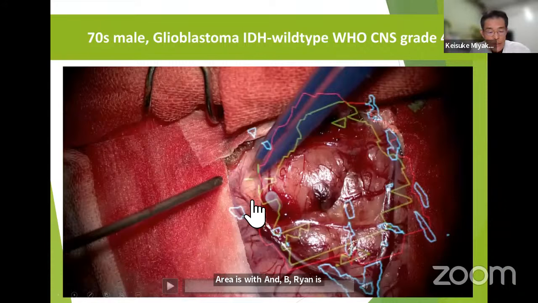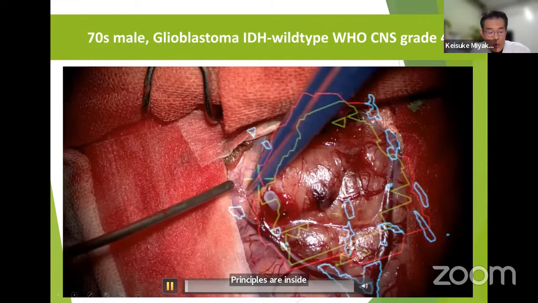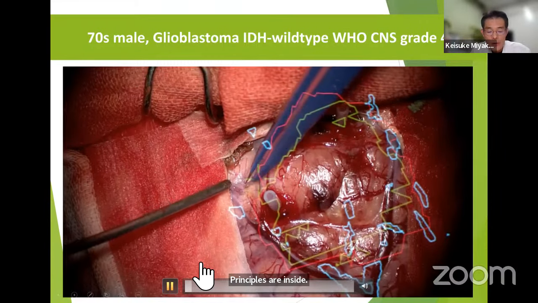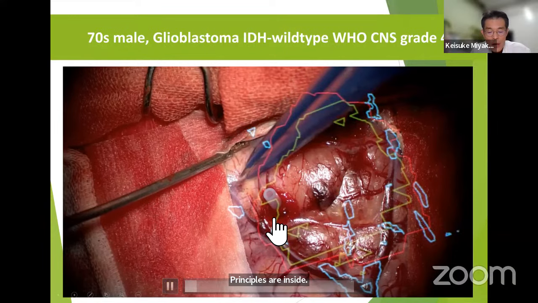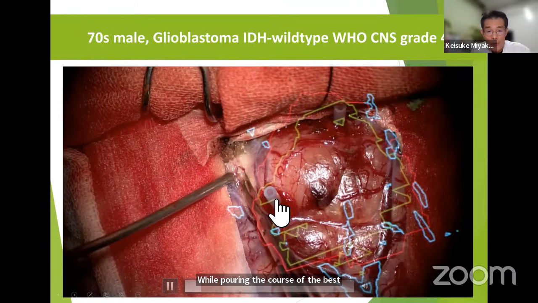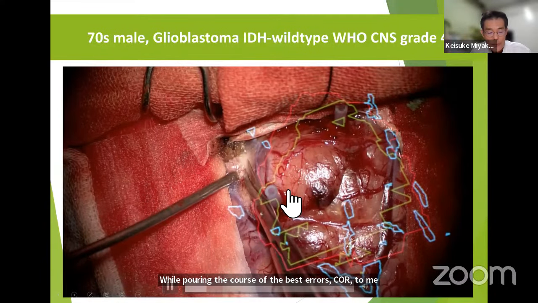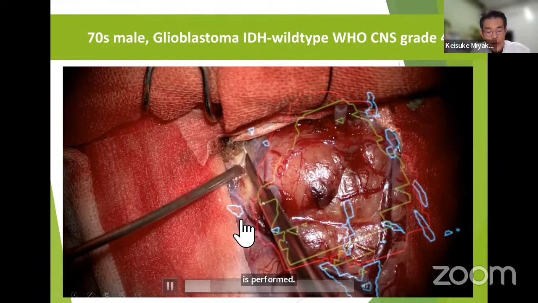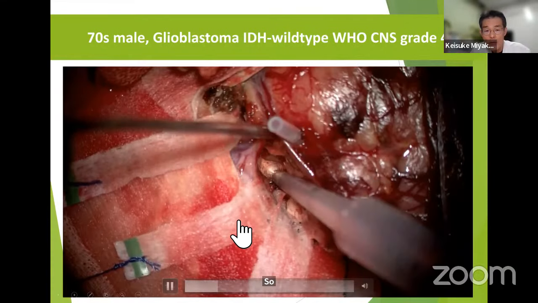To mark the tumor boundaries, fence posts are inserted. While following the course of the vessels, colposcopy is performed. So the tumor is dissected using QSAR clarity.